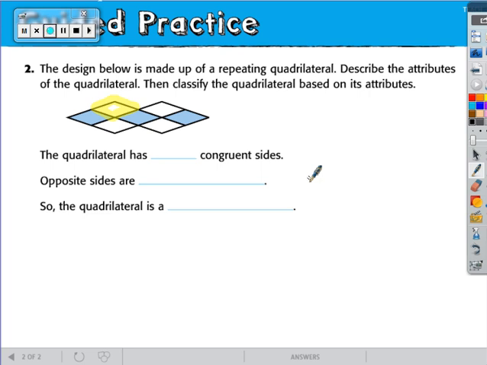Just one of them. So how many congruent sides does this quadrilateral have? 4. There are 4 congruent sides. Opposite sides are what? Parallel. So now, we want to go back. Remember this, we have 4 congruent sides, opposite sides are parallel.